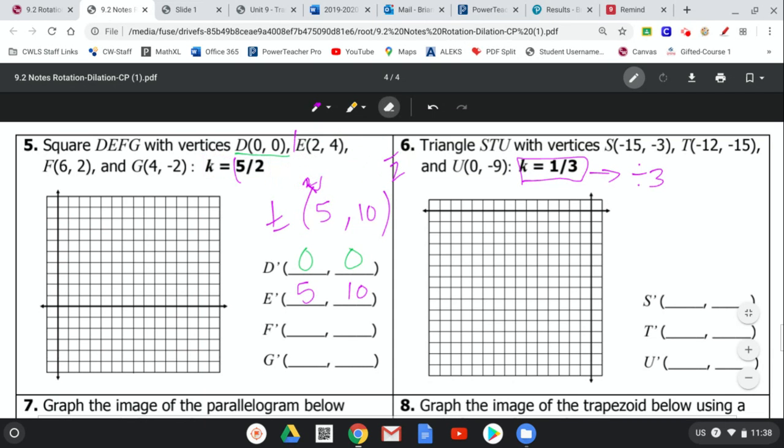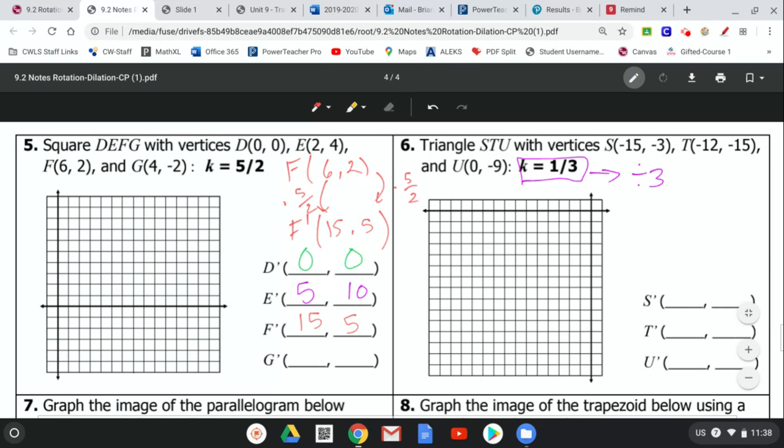So moving on to our next one here. If we are doing F, F is at 6, 2. So to find F prime, like I said, multiply by 5 halves, multiply by 5 halves. When we do that for F prime, we're going to get 15 and 5.